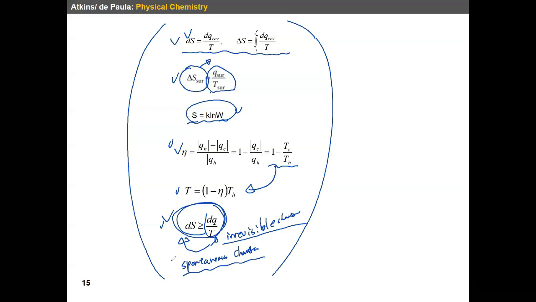And next you have to memorize this equation. So if somebody asks, what is this Clausius inequality, then you can respond that this is the Clausius inequality, and depending on it, we can say that spontaneous change is an irreversible process.